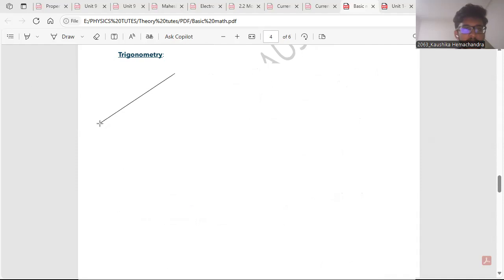We don't need a lot, right? So this is a right angle triangle. Its hypotenuse is Z. X is a side length and the other side length is Y. And this angle is theta, right? I have labeled it as theta.